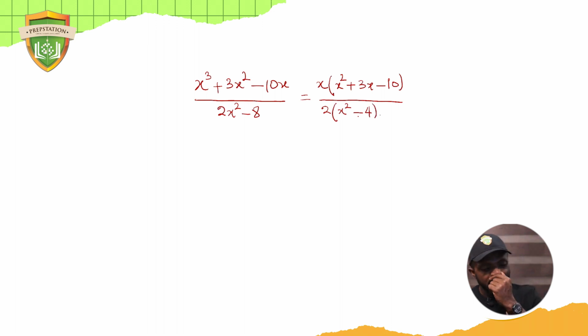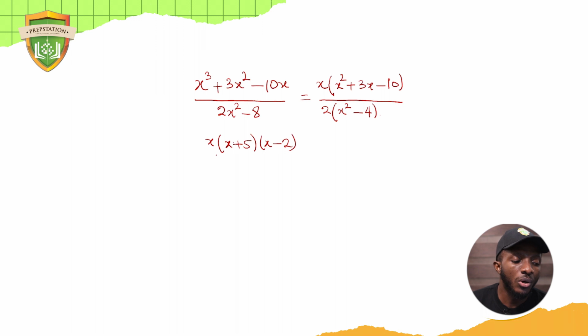See this? Now, if you factorize this quadratic, you're going to have x into x plus 5, x minus 2, all over 2 here.